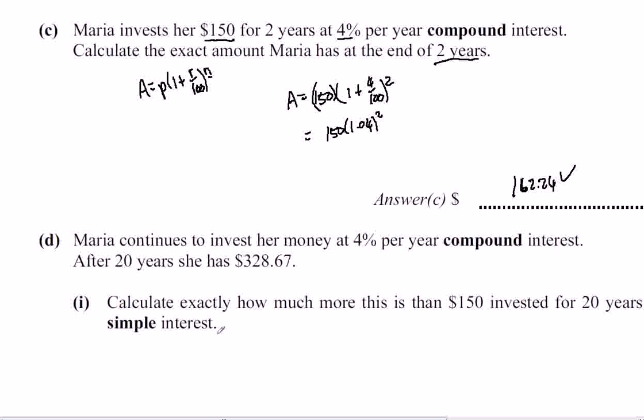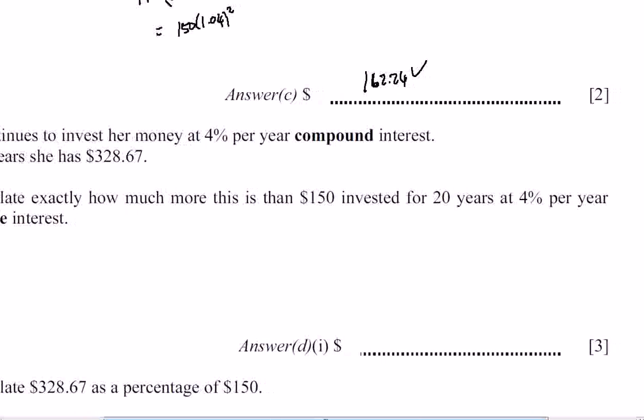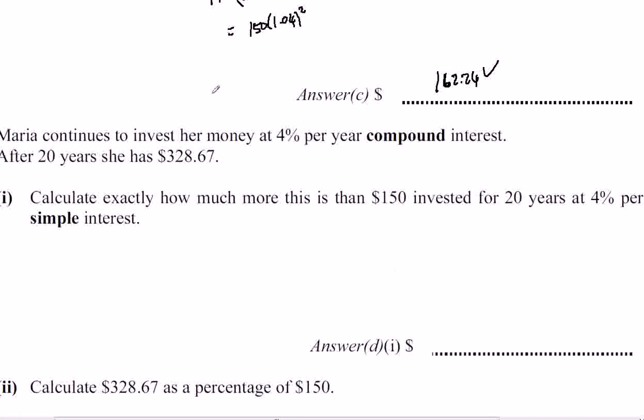Okay, part D. Maria continues to invest her money at 4% per year compound interest. After 20 years, she has $328.67. Calculate exactly how much more this is than $150 invested for 20 years at 4% per year simple interest. So simple interest is equal to PRT over 100.